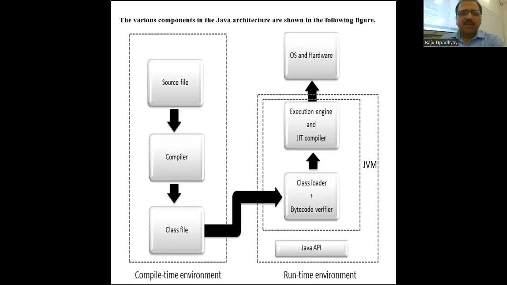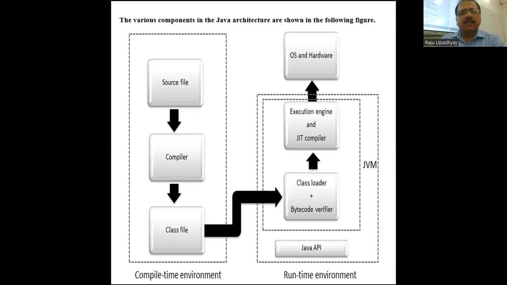I mean to say that we have a different kind of JVM for different kinds of platforms. If you have an Apple machine, the JVM is different. If you have a Windows machine, the JVM is different. If you have a Sun Solaris machine, we have a different kind of JVM. So depending on the target machine, we are going to have the JVM, and it is specific to every platform.